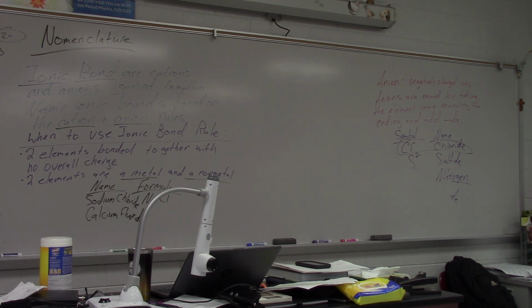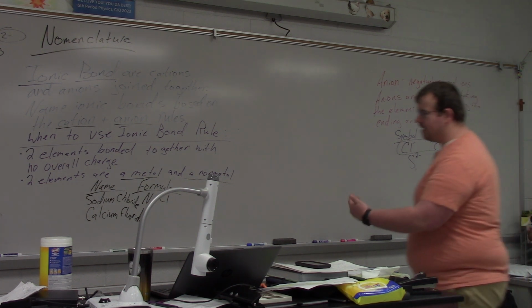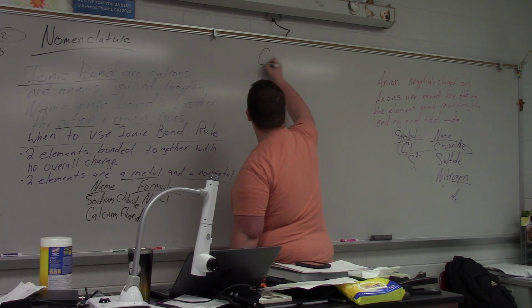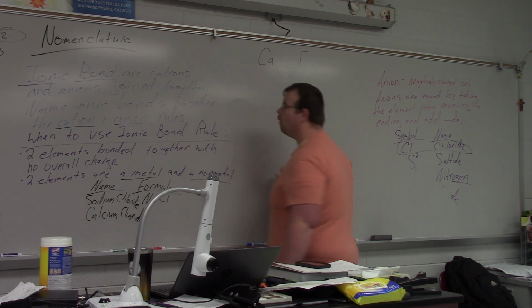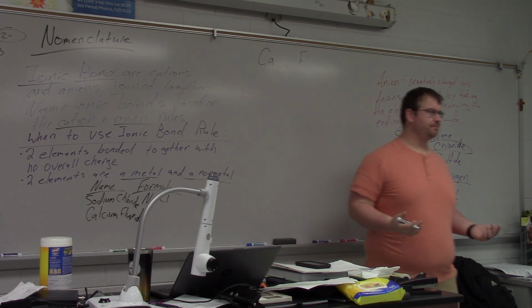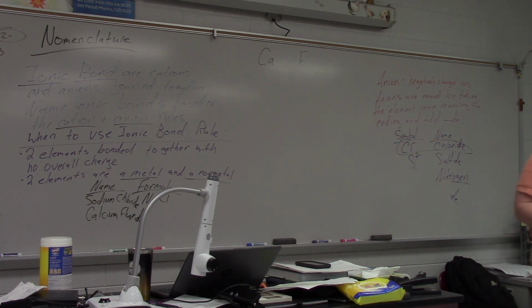So first start with calcium. So I look at calcium fluoride, I have Ca, fluoride comes from fluorine, that's F. Well, what's the charge on calcium? Two positive. Yes. Right?